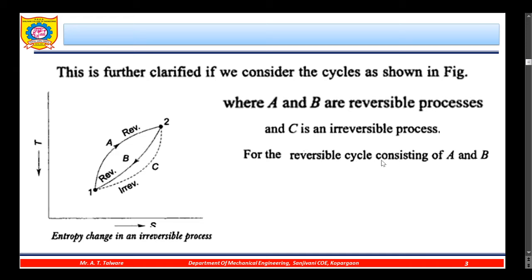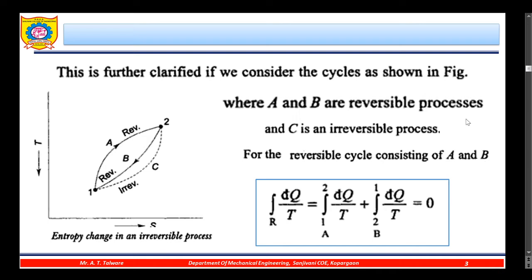For the reversible cycle consisting of A and B, we can write from the Clausius theorem that the cyclic integral of delta Q upon T for a reversible cycle is equal to the integration of delta Q upon T for path A from 1 to 2, plus the integration of delta Q upon T from 2 to 1 for path B, which is equal to 0.